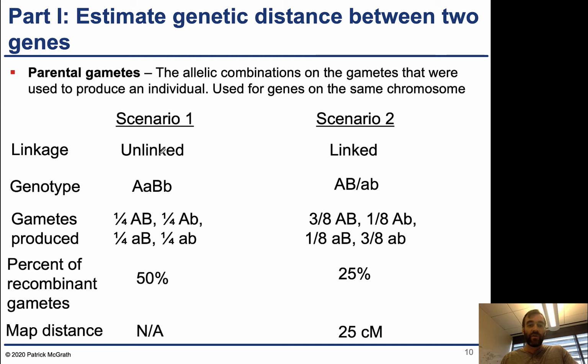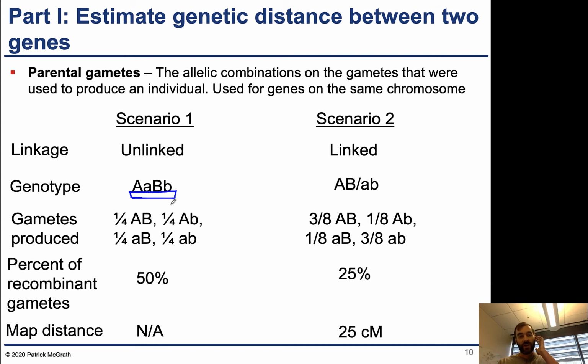So scenario one, we have unlinked genes, so these are on different chromosomes, and we're looking in this heterozygote. And so we want to ask how many of each gamete are produced, and in this situation, there's an equal likelihood of each gamete. So we have 25% for each, 1/4 of each.